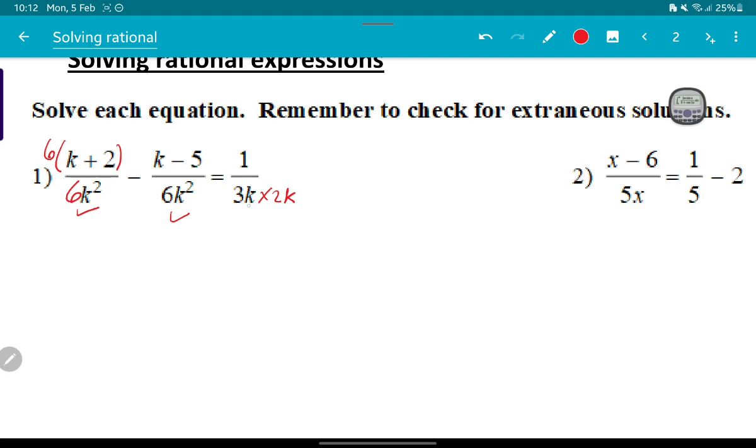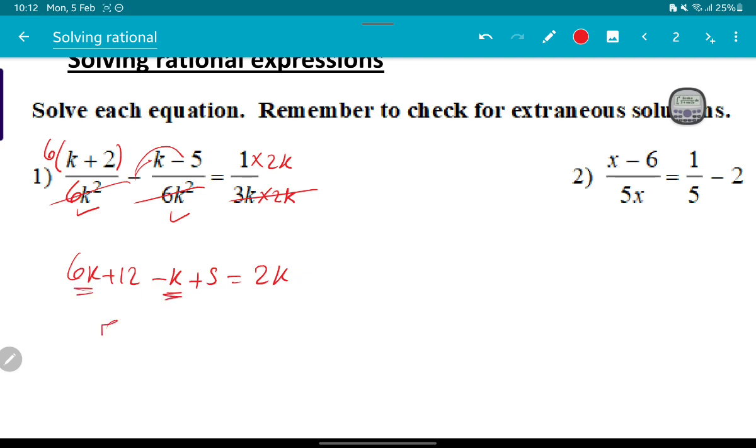So 2k multiplied by 3k, this will be 6k squared. Now we have all the same denominators. Expand, 6k plus 12 minus k, then plus 5, because this is negative and this will change the signs, equals 2k.